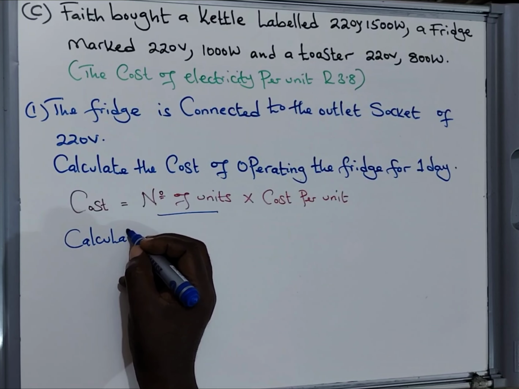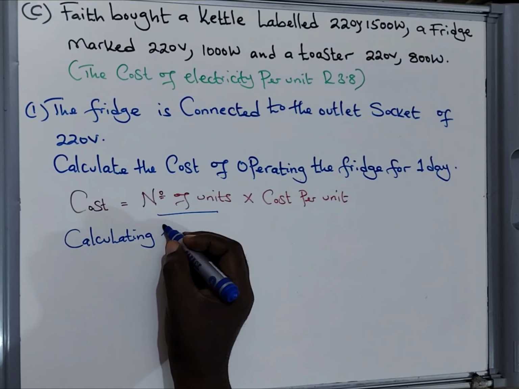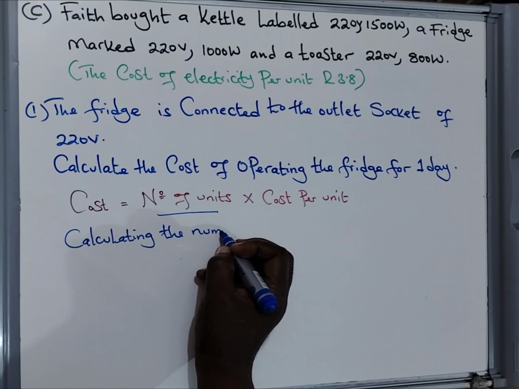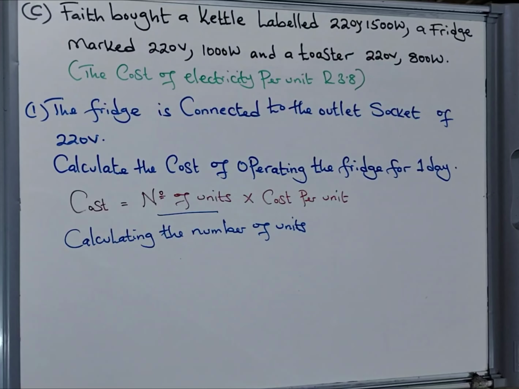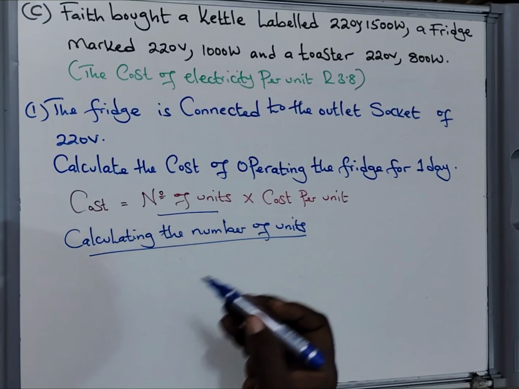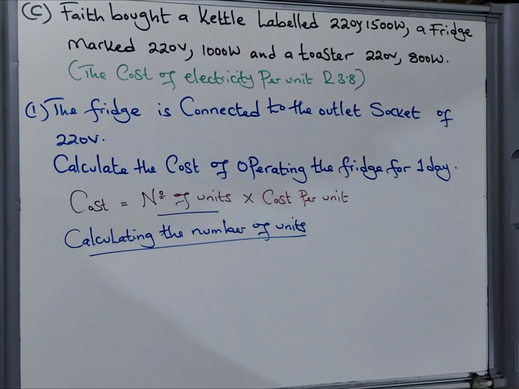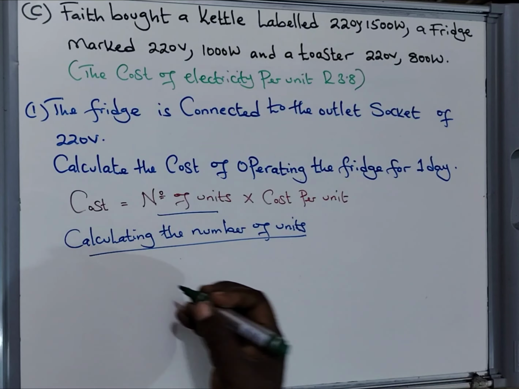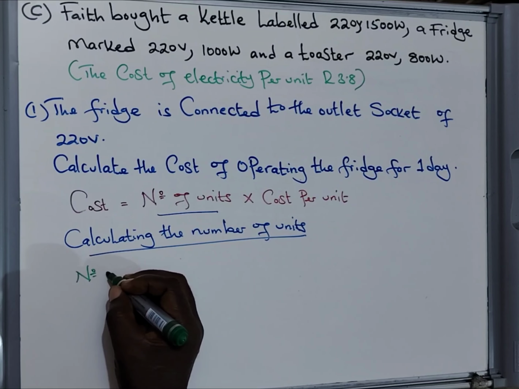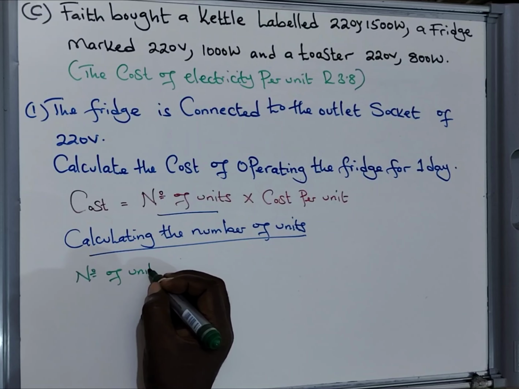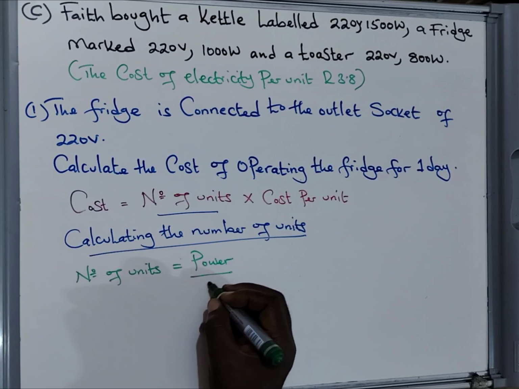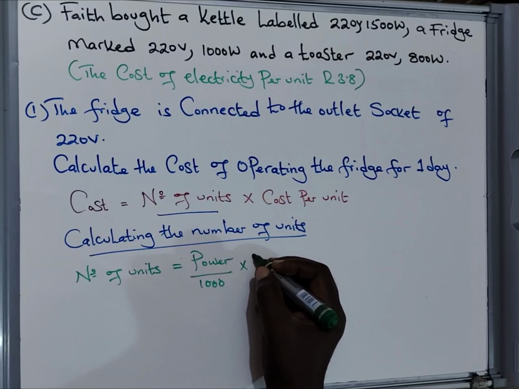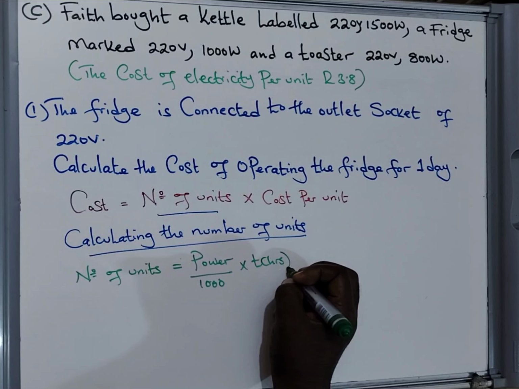Calculating the number of units. You have to know that number of units is equal to power over 1000 times time in hours.